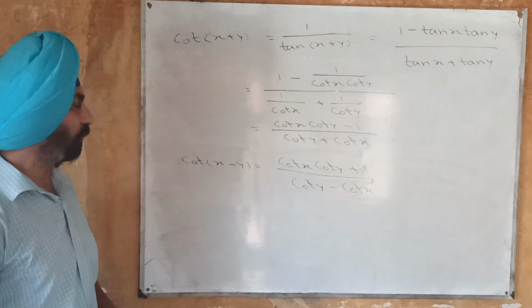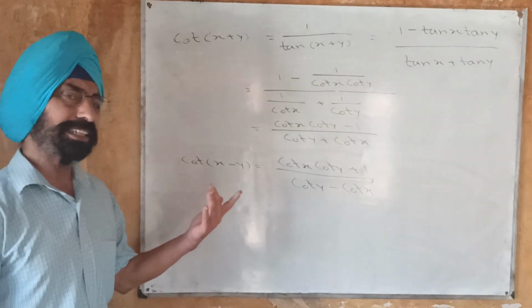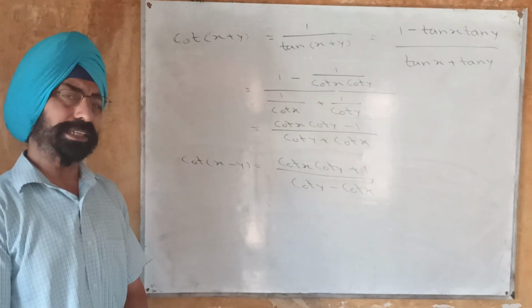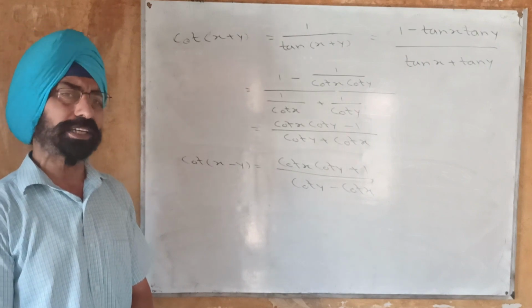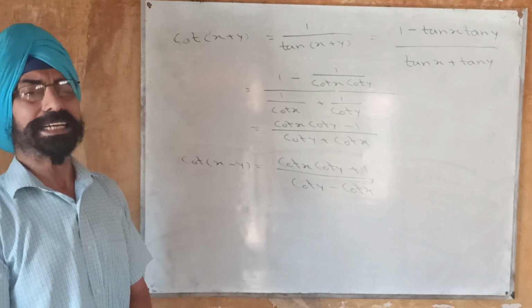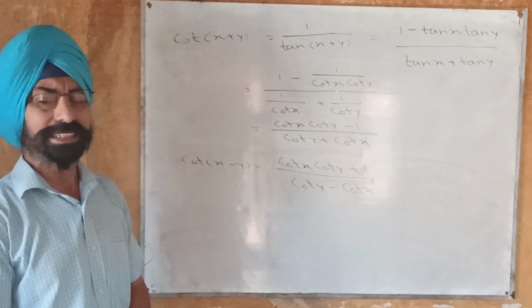So this will be the result for cot x minus y. So we are having results for sin x plus y, cos x plus y, sin x minus y, cos x minus y, tan x plus y, tan x minus y, cot x plus y and cot x minus y, and two more, that is tan pi by 4 plus x and tan pi by 4 minus x.